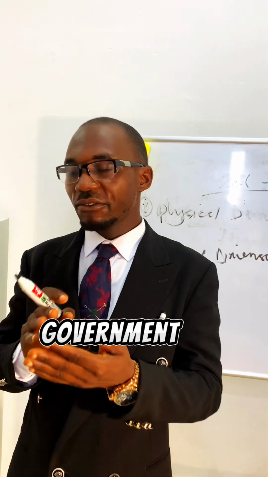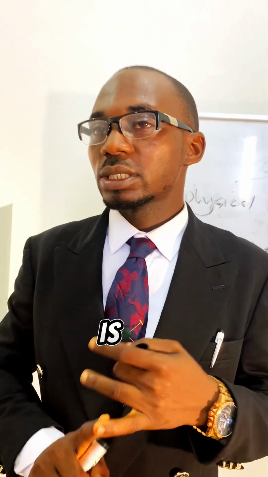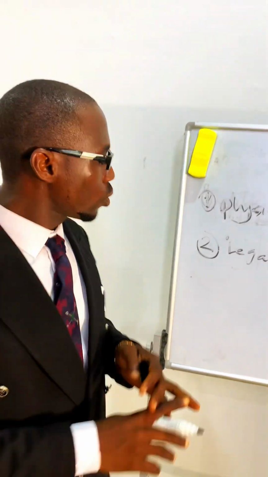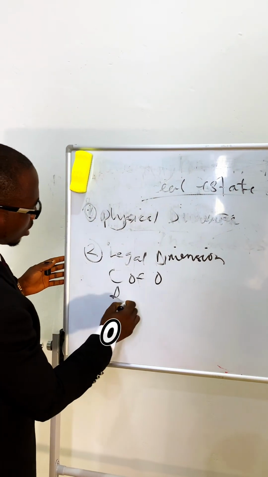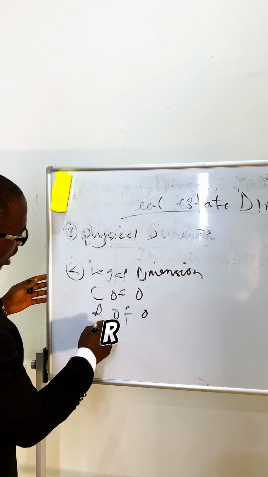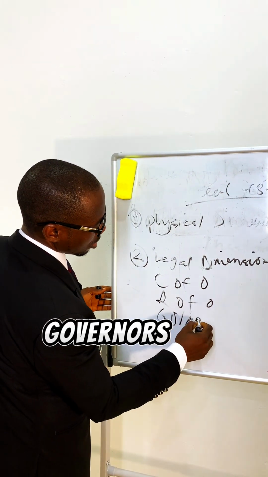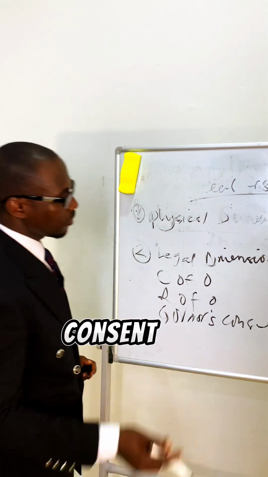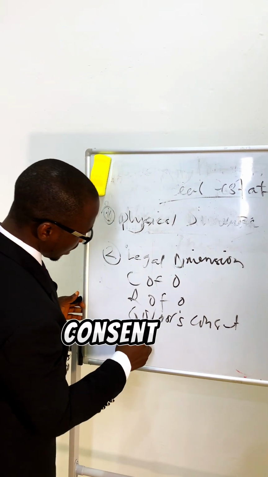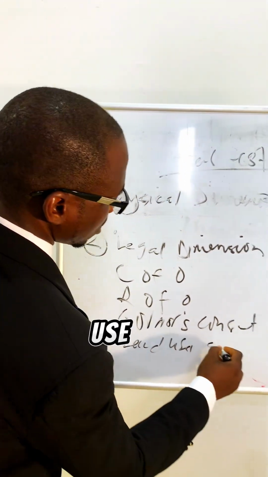And common, we have 3 to 4 common ones, which is the C of O, certificate of occupancy. Then we have R of O, and then we have governor's consent. And then the last one is Land Use Act.